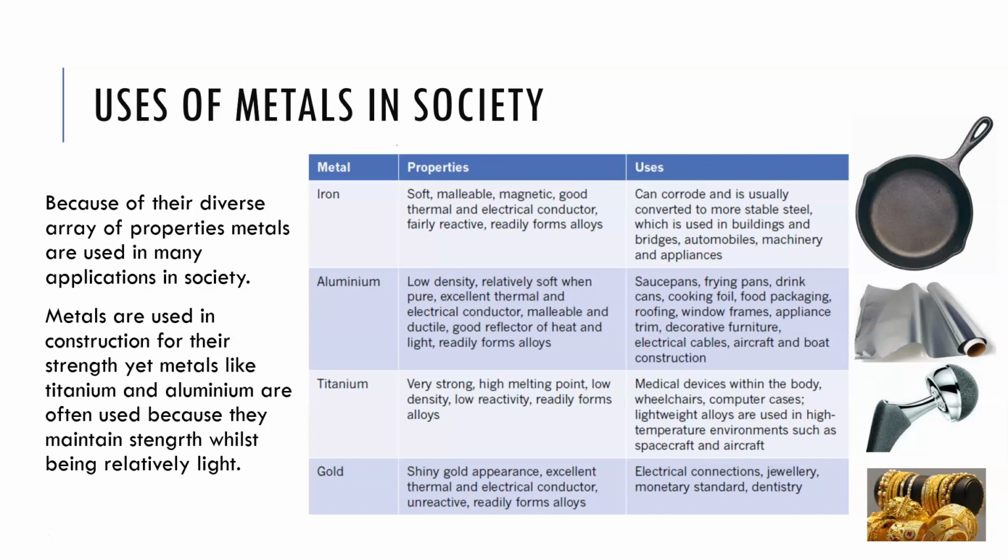Titanium we see in surgical applications and in some space applications. Gold, of course, we see used for jewelry, same with silver, because it's highly non-reactive, very attractive and shiny. So because of their diverse array of properties, metals are used for a number of different things throughout our society. Some just aesthetic for the sake that they look pretty, others for their structural or conductivity properties.